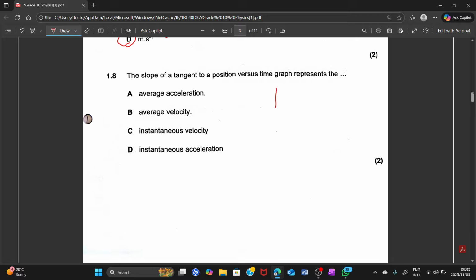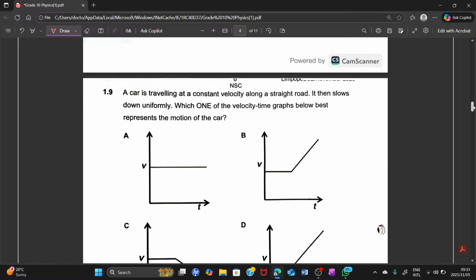Remember when you draw that graph, position versus time, the slope should be velocity. Instantaneous velocity. That is the one we're talking about. Let's talk about an instant thing. I'm not able to pronounce that word. All right, let's go on, guys.